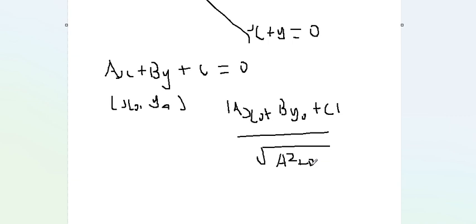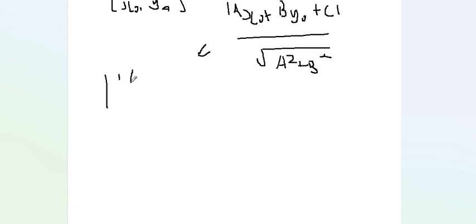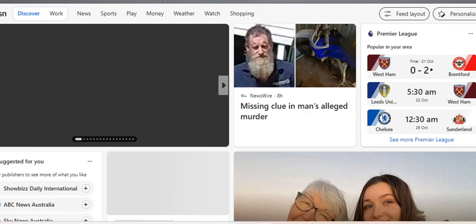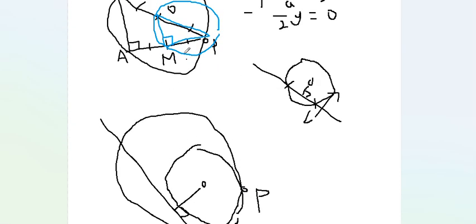Right. So from this, we know that a is 1 and b is 1. And we have the midpoint (3(1 plus a)/8, 3(1 minus a)/8), which is this midpoint here.